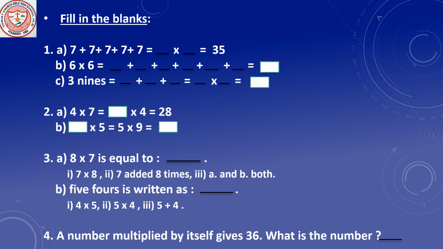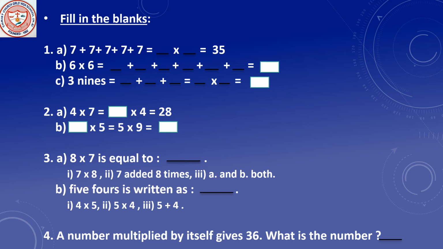So now tell me how we will do this. 8 into 7 means 8 sevens. And that means 7 added 8 times. Okay. I think you got the answer.